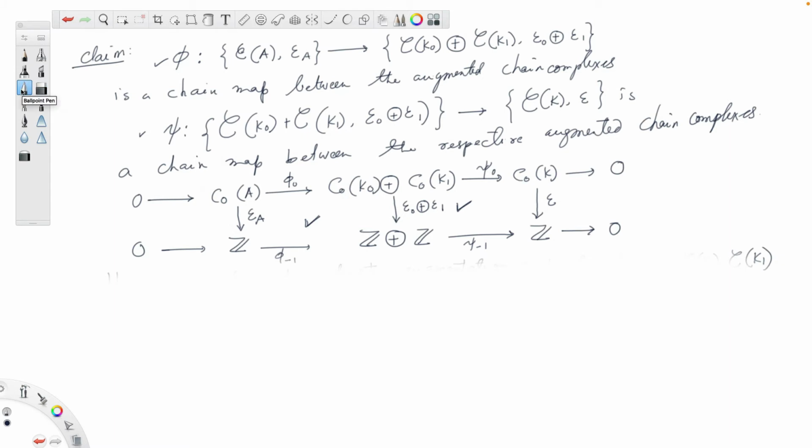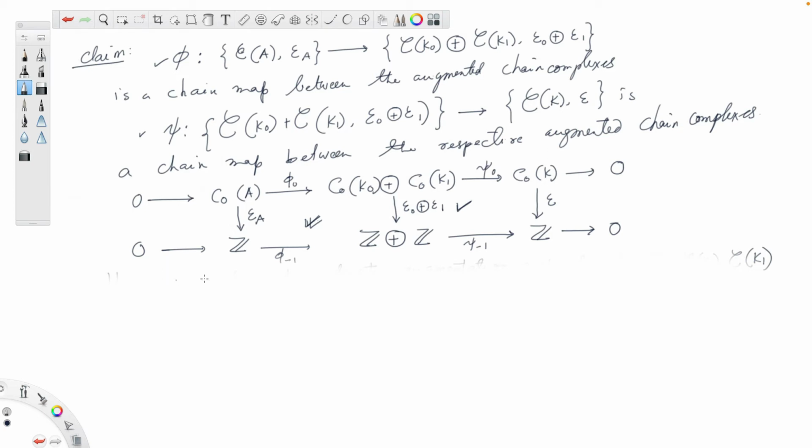So in other words, we need to prove, so let's try to prove that this is a commutative square.